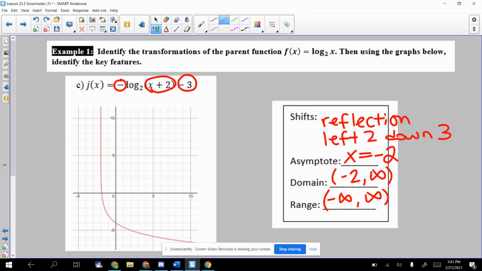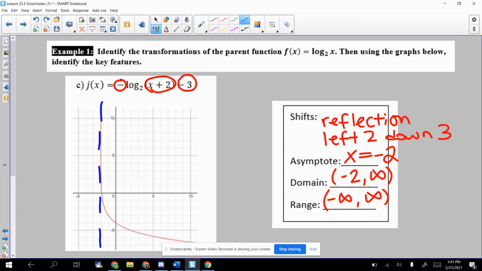Then, because it moved to the left 2, that means that our new asymptote is going to be at -2. So that's where x equals -2 came in. Then your domain is from that -2 to positive infinity. And your range is always going to be the same for a logarithmic function, -infinity to positive infinity.